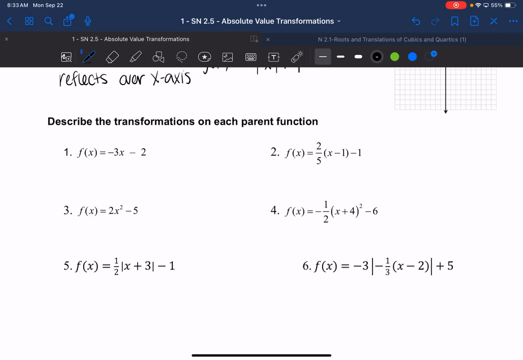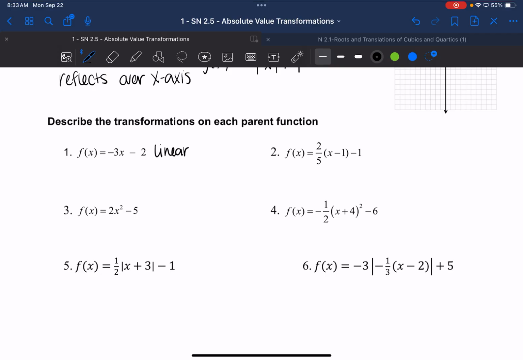We know that a linear function is just going to have the letter x. We know that a quadratic should have x squared, and the absolute value will have absolute value bars on it, right? So on number 1, what would the parent function be for that one? Linear. So you can write that to the side.